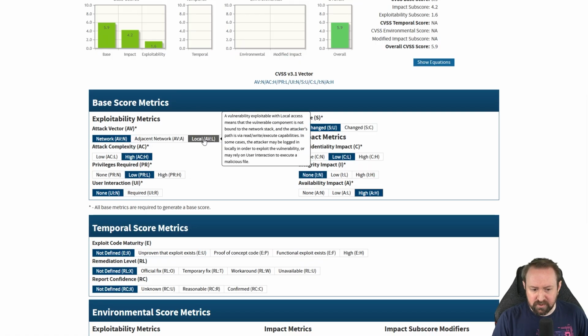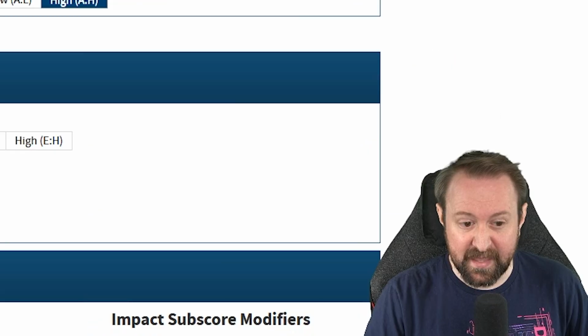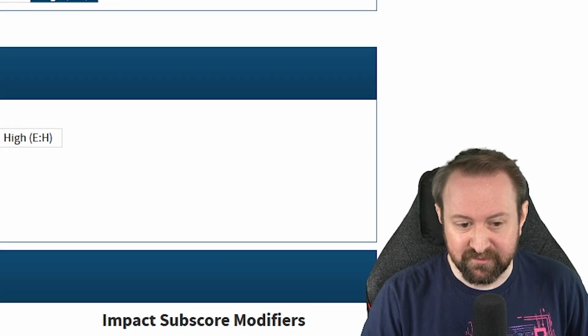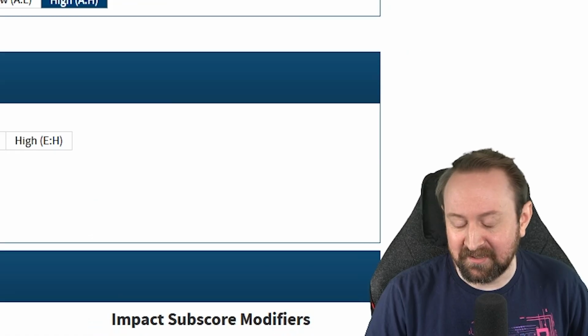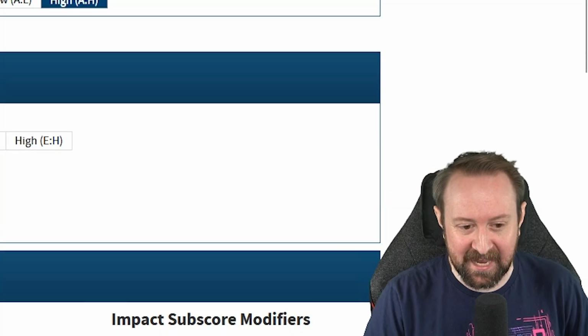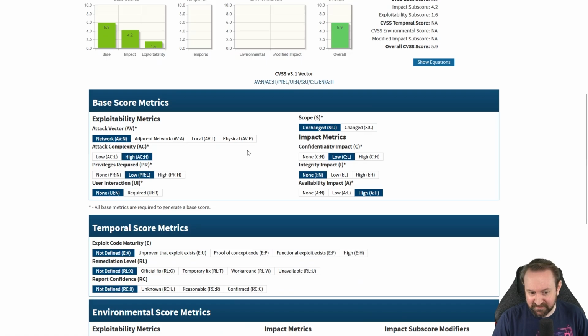You have local, which means the attacker is already on the machine somehow, right? They have some kind of reverse shell. They are able to run commands on some machine, right? Local access. And then you have physical, and physical is they're actually in front of the machine, right? They have to be physically present. They can't just have some kind of remote shell. For whatever reason, they have to be physically present at the machine.